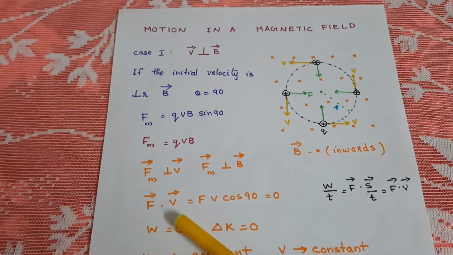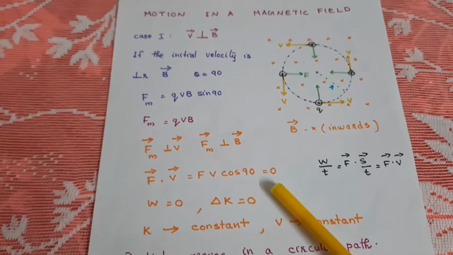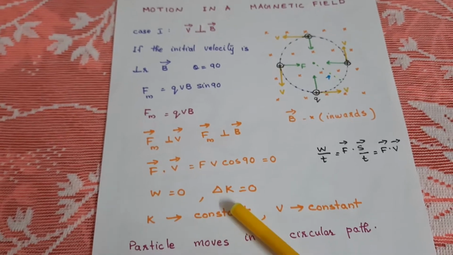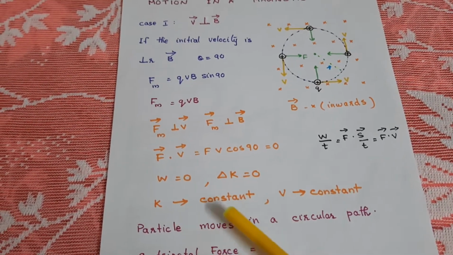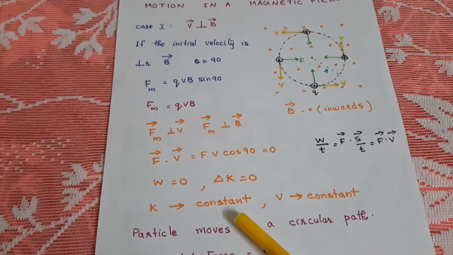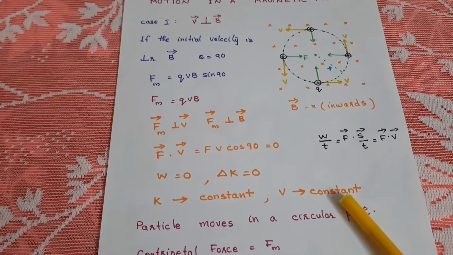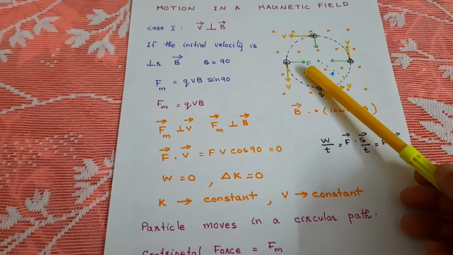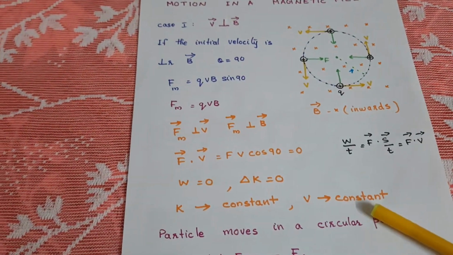And here F dot v is Fv cos 90, which is 0, so the work done is 0, or the change in kinetic energy is 0. So kinetic energy of the particle remains constant. So the speed of the particle remains constant, but the direction of motion changes. So the particle undergoes uniform circular motion.